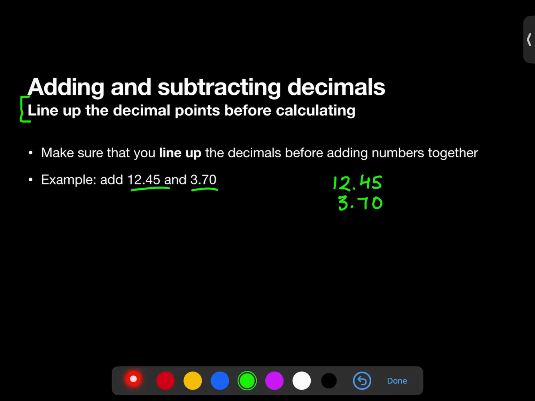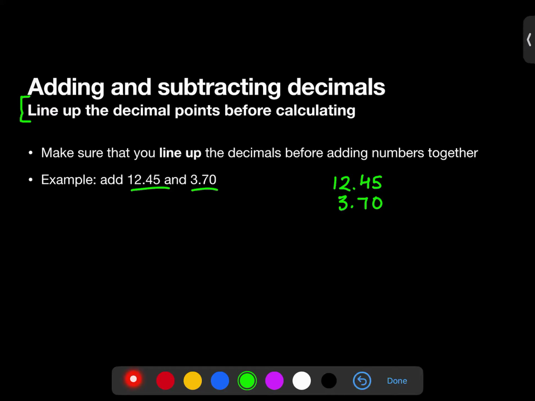So we don't want to add, for example, like this. So this would be wrong, right? Because our decimals are not lined up. So we want them to be in the same line before we add the two numbers.